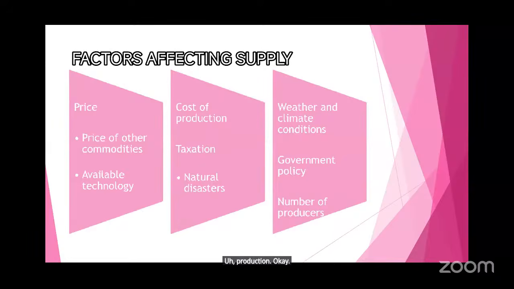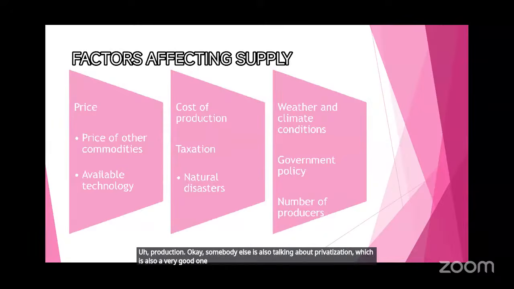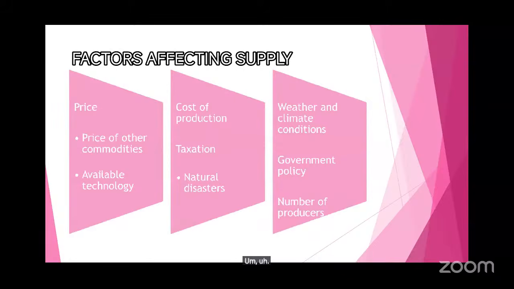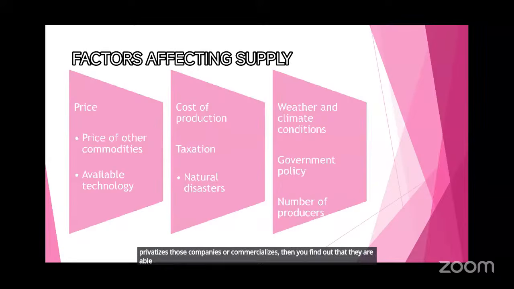Somebody else is also talking about privatization, which is also a very good one. Most public organizations most times are not efficient and effective. Their delivery is always very poor. But when government privatizes those companies or commercializes them, then you find out that they're able to effectively offer such services as are required.